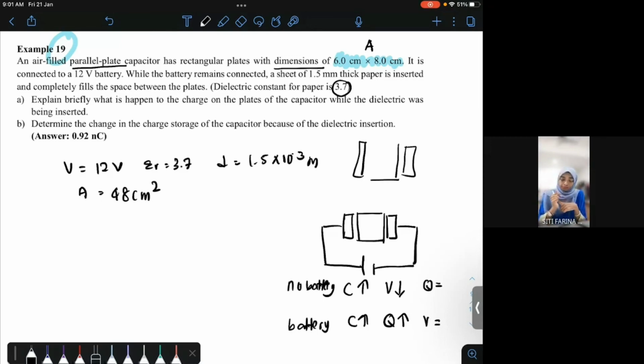Okay. So, this will explain briefly. The answer will be: while inserting the dielectric, the battery is still connected.